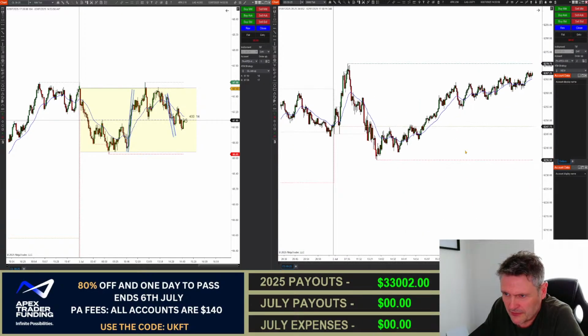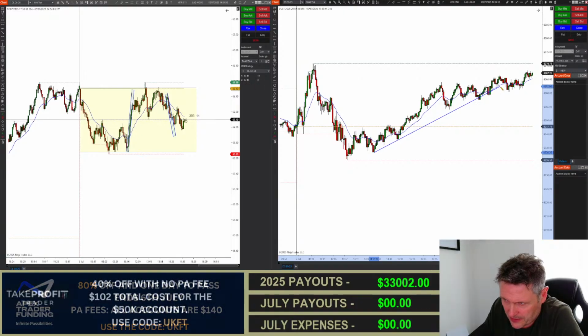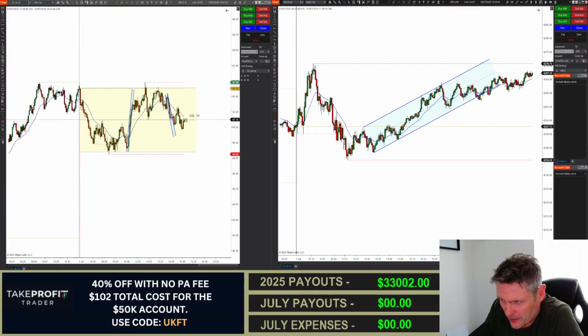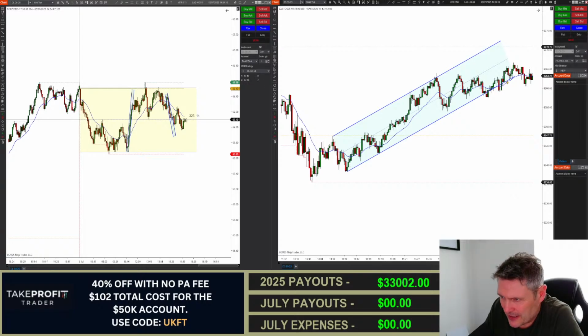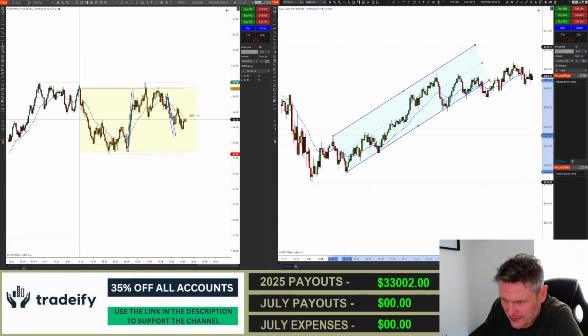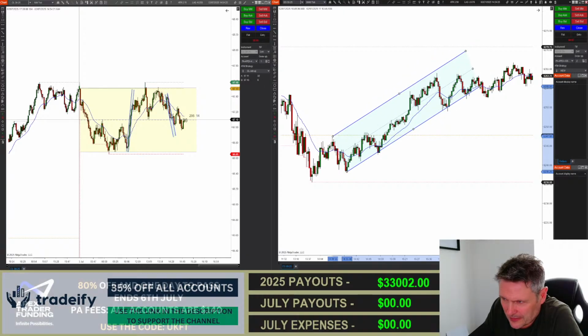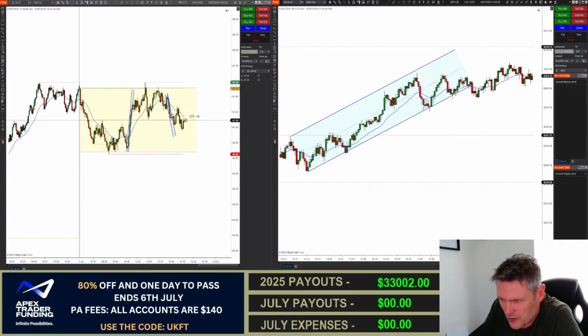I know Mac had it marked like that with the break there. I noticed Dan and I think Marco and a few others had it like that. That was one they took.